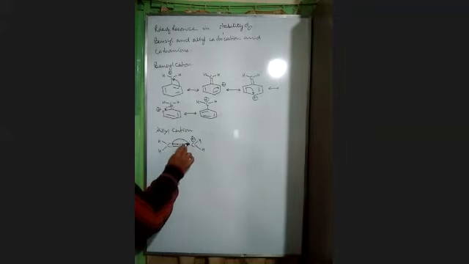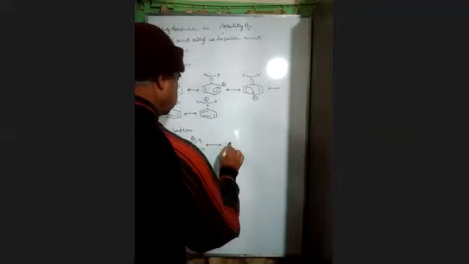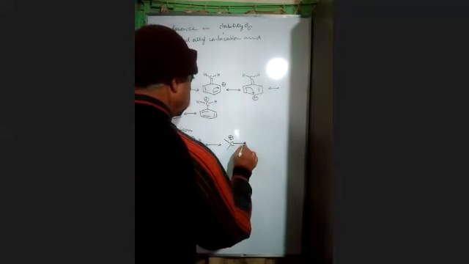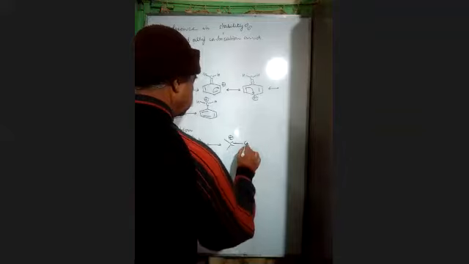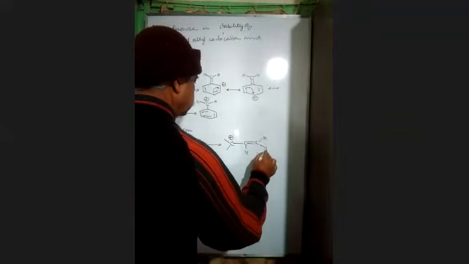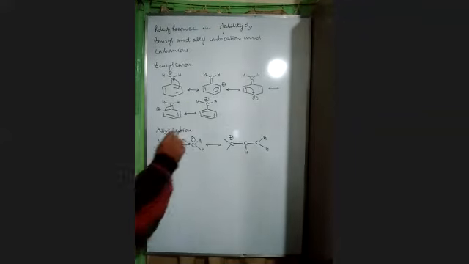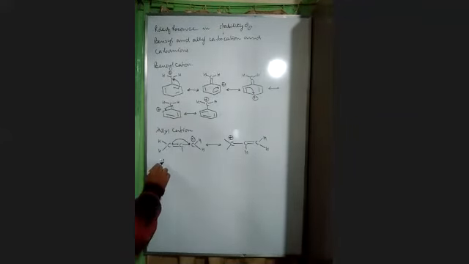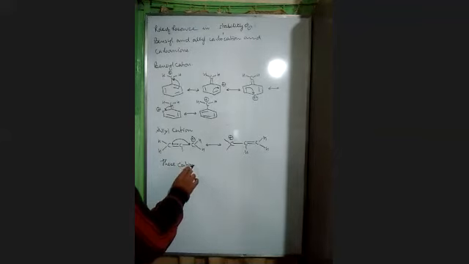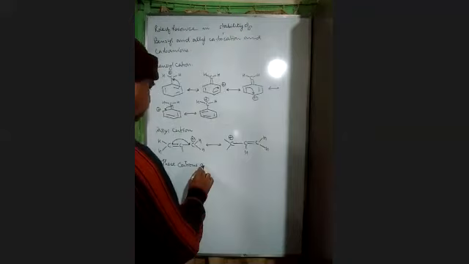This electron immediately goes to this. So this cation gets stability.